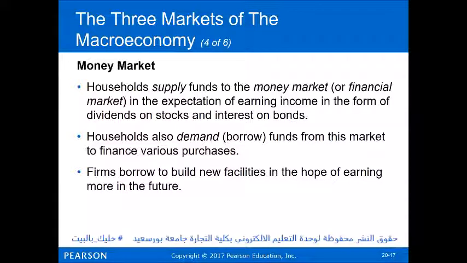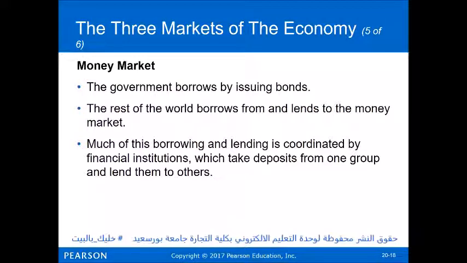Finally, firms borrow in the money market or the financial market to build new facilities, new machines, new factories, and so on, in the hope of earning more in the future to gain profit. In the money market or the financial market, the government borrows money or funds by issuing bonds.